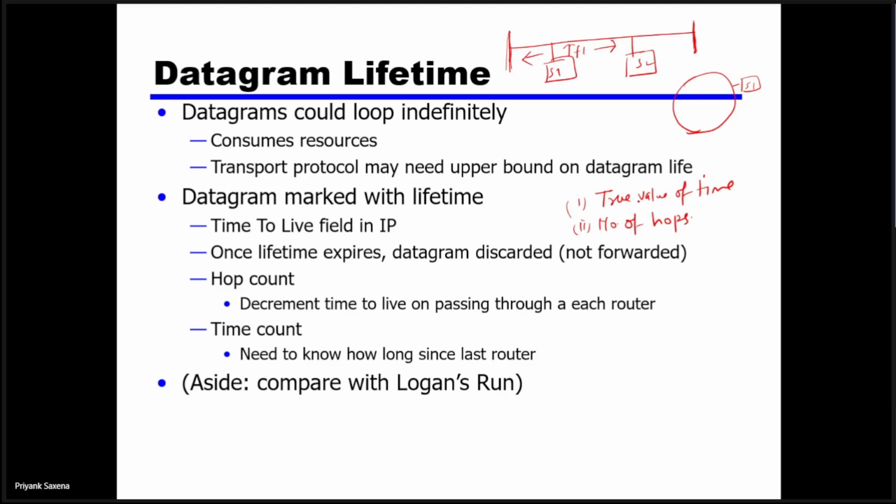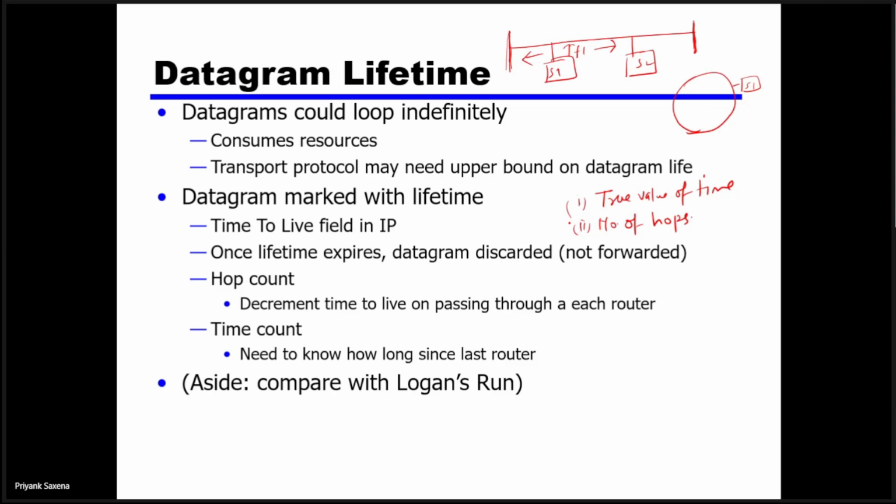So when I'm saying true value of time, what does it mean? It means that once the datagram is launched in the network, that time is recorded, right? And how long it will be there, we have dictated that this datagram will be there for 30 minutes.